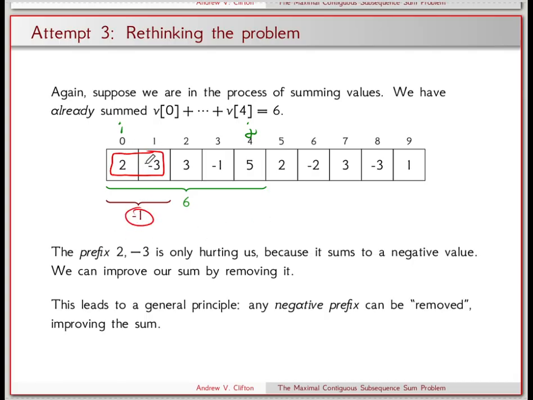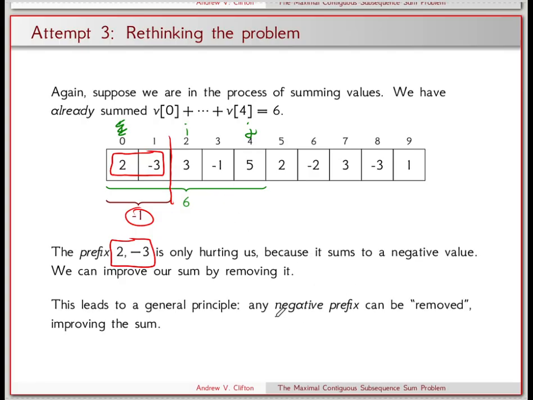This is called a prefix. A prefix is just a part of the subsequence that we're looking at that is at the beginning. So this prefix of 2, -3, is hurting us because its sum is a negative value. So if we chop that off and restart our sum not from 0, but from here, then we'll get a sum that starts out better.